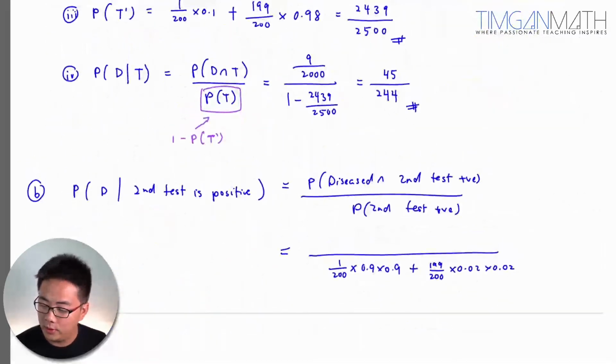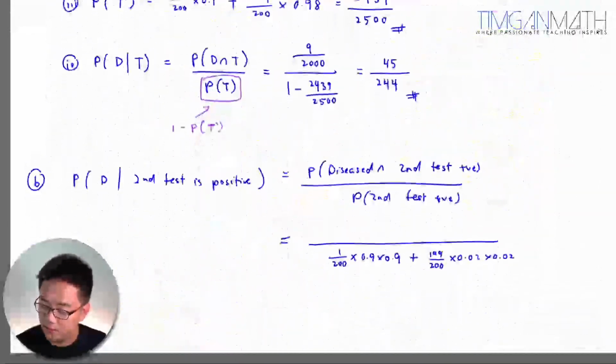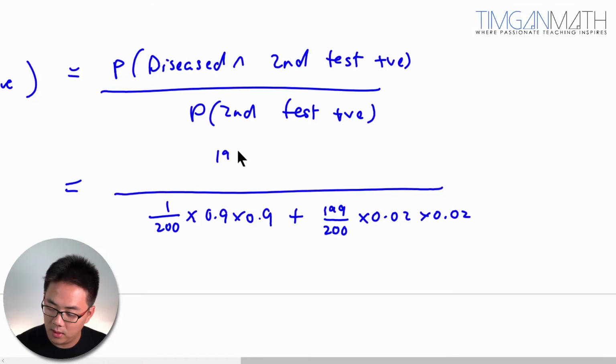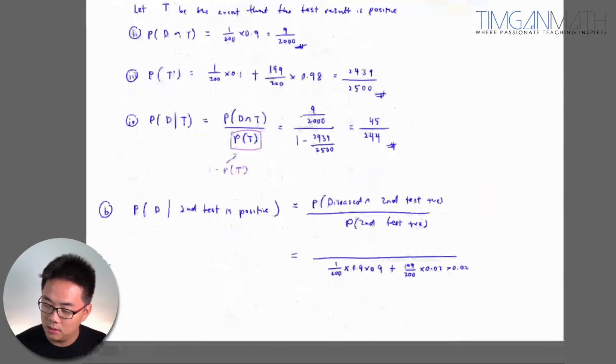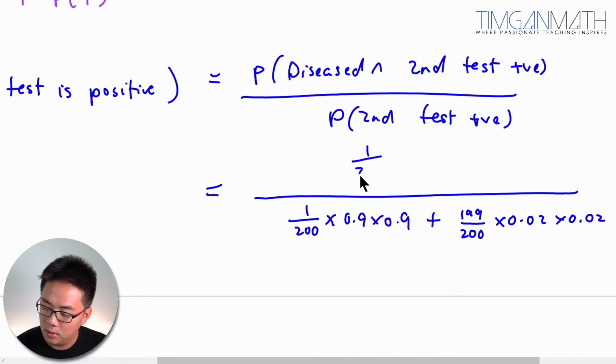And then for the top, disease and second test positive, it will be just 1 over 200 times 0.9 times 0.9.